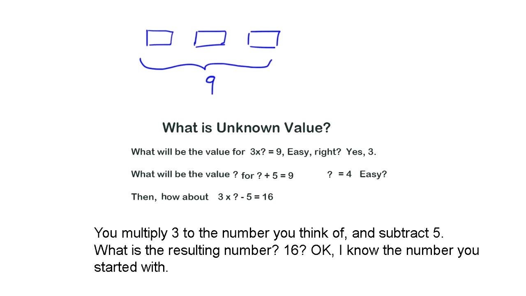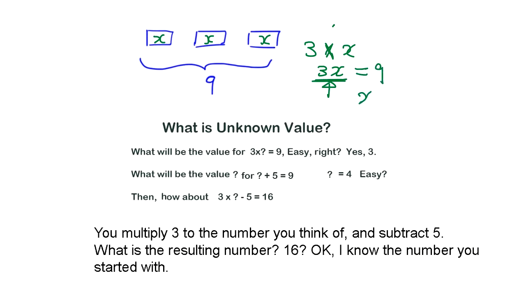So, we have an unknown number, the same number in each box, 3 times x, or 3x, you know this, the times sign is sometimes omitted. 3x means 3 times x equals 9.